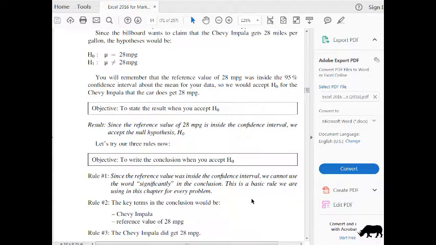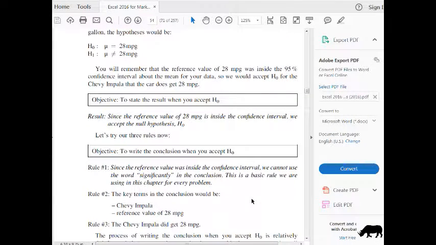Let's try our 3 rules now. Objective: to write the conclusion when you accept H0. Rule number 1. Since the reference value was inside the confidence interval, we cannot use the word significantly in the conclusion. This is a basic rule we are using in this chapter for every problem. Rule number 2.